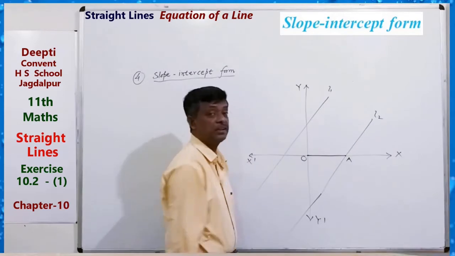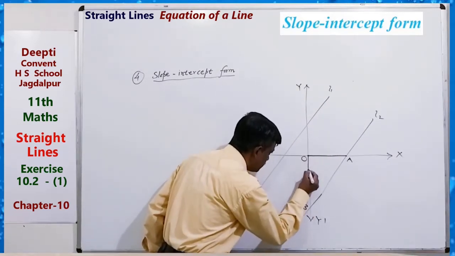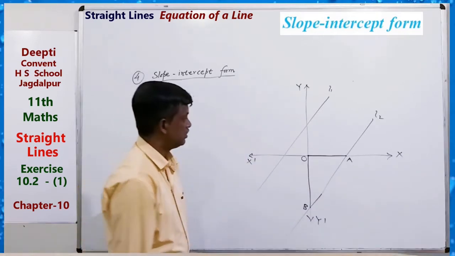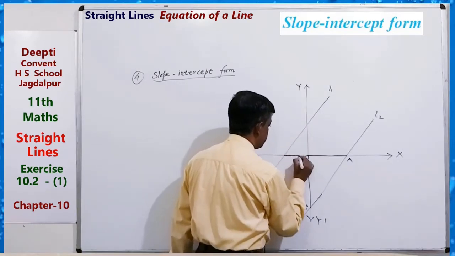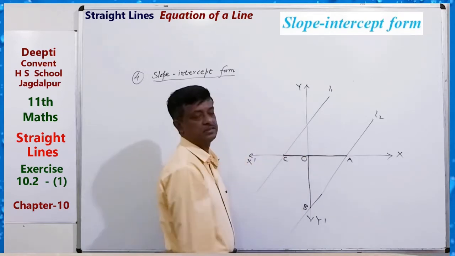And this line makes OB intercept on the y-axis. This line makes OC intercept on the x-axis.